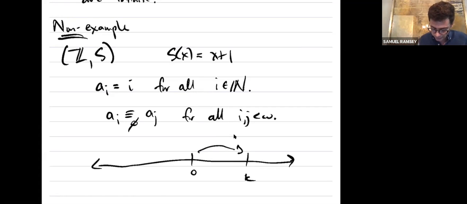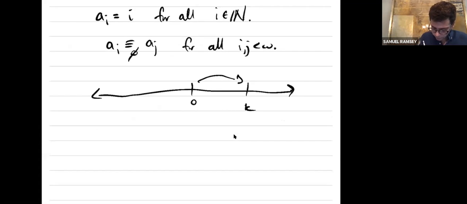So why is it the case that this sequence does not define an indiscernible sequence? Well, the problem is that if you look at A0 and A1, this pair will satisfy the formula that says S of x is equal to y.